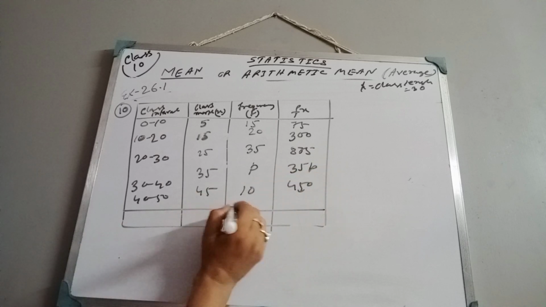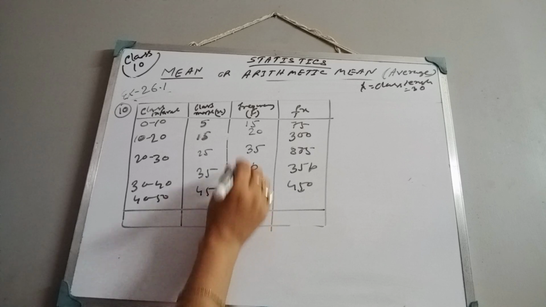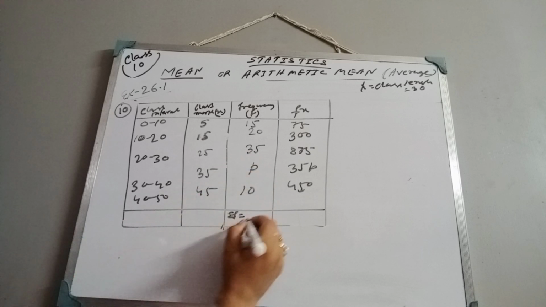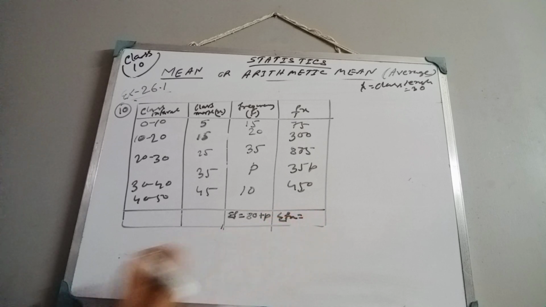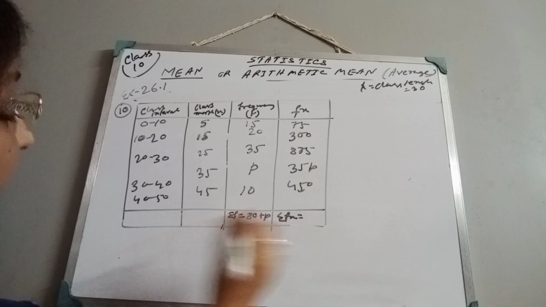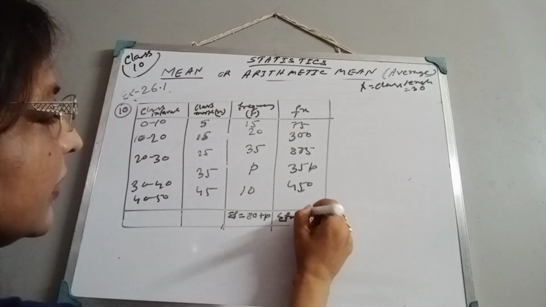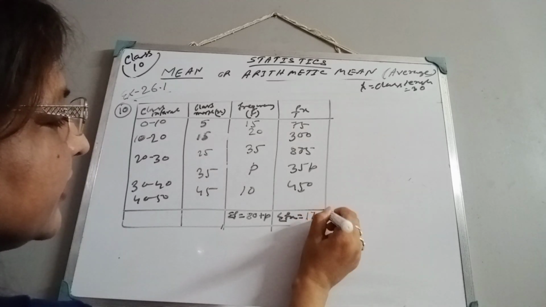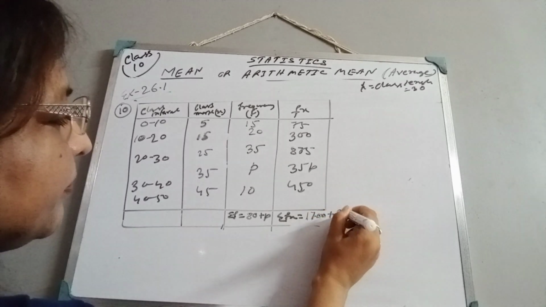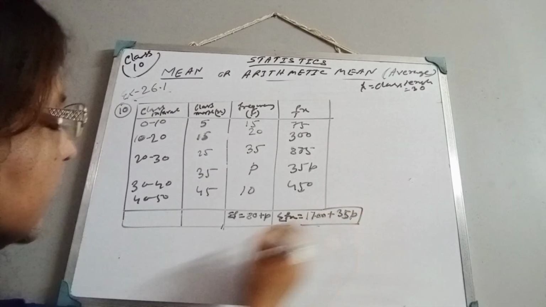Now sigma f: 80 plus p. And sigma fx is 1700 plus 35p, that is the answer.